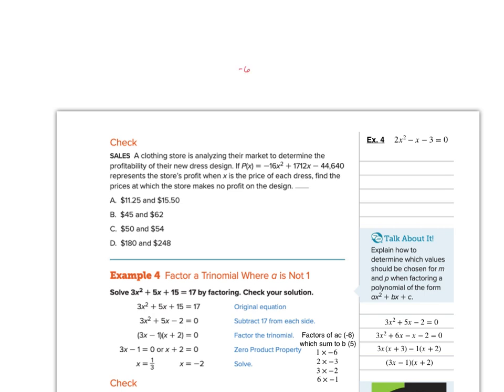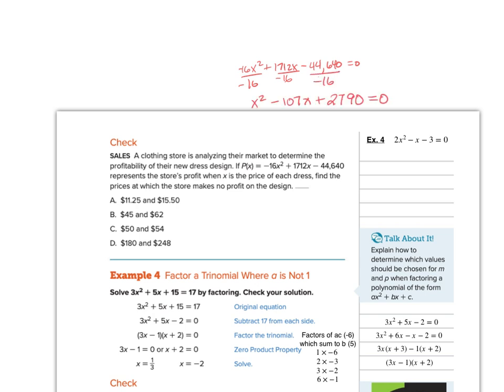So I have negative 16x squared plus 172x minus that equal to 0. I wonder if I can factor out a negative 16 out of each one of these. That would be my first thought.